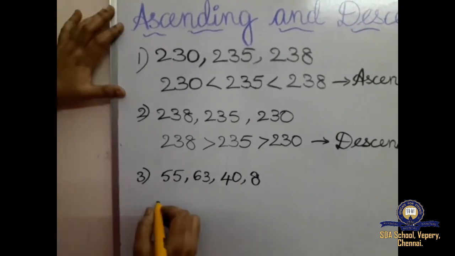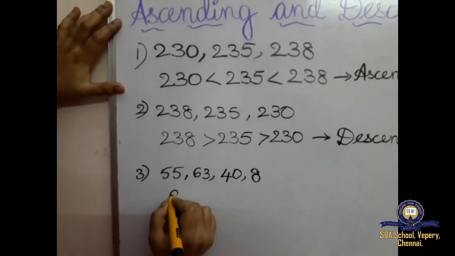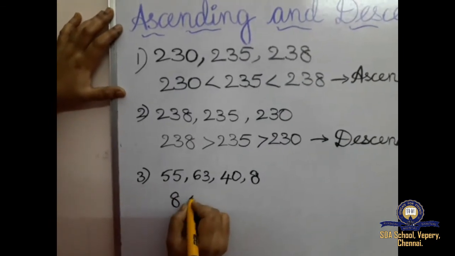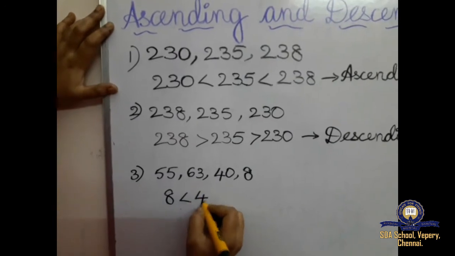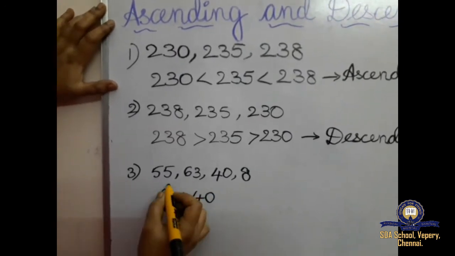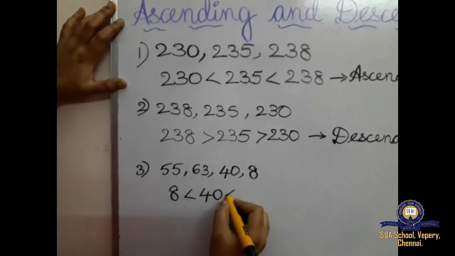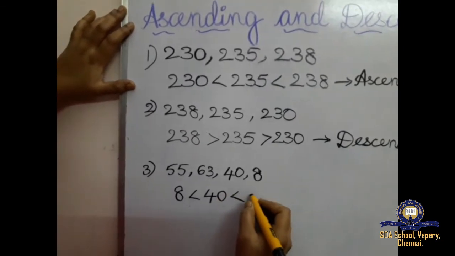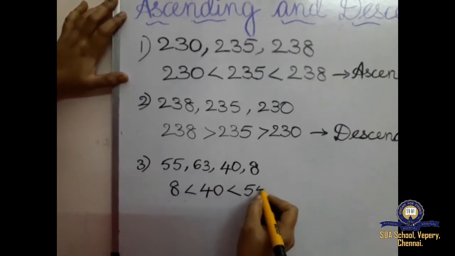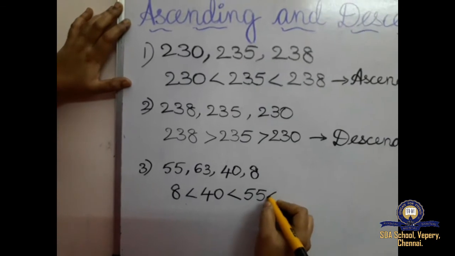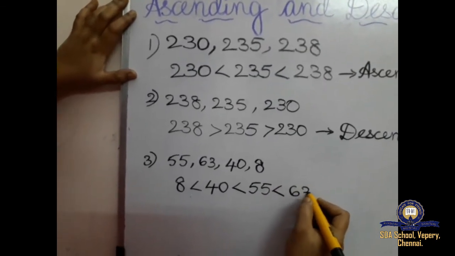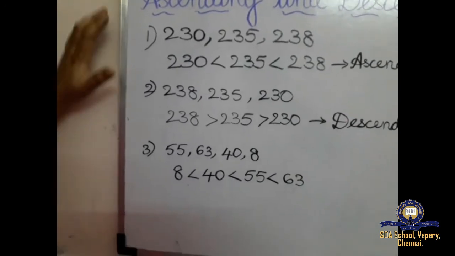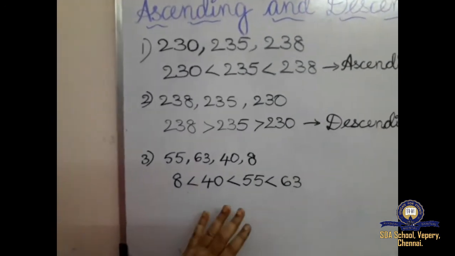So what will come first? 48 less than. Next, what is lesser? 55. 48 less than 55 less than 63. So this is called ascending order.